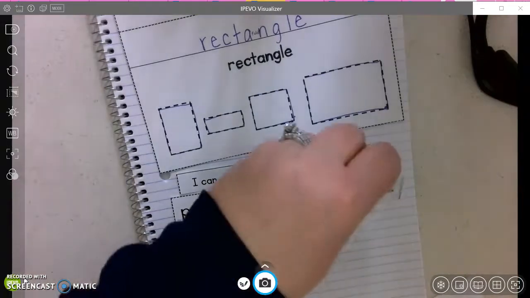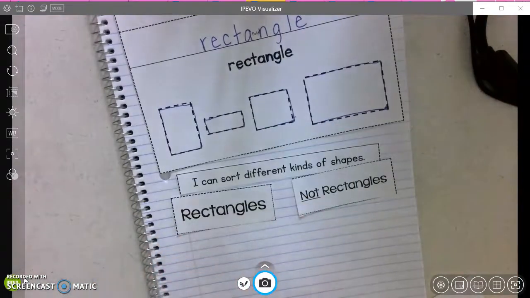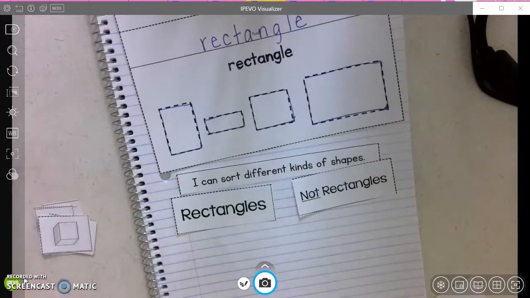And this one is not rectangles. So we're not sorting all of the different shapes. We're just saying, yes, it's a rectangle, or no, it is not a rectangle. Okay. Alright, if you need to pause the video to finish cutting, you can.